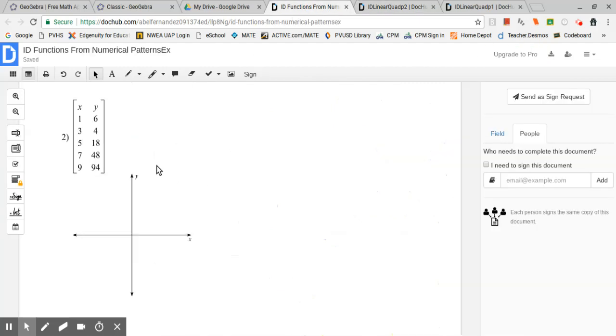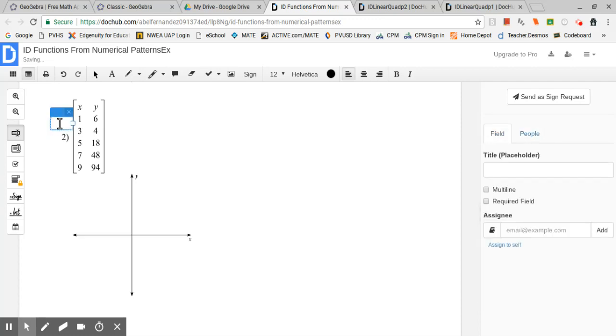So now, what if we just have a set of data, numerical values? Notice here, let's see what happens from 1 to 3. I am adding 2, right? And how about from 3 to 5? I'm also adding 2.